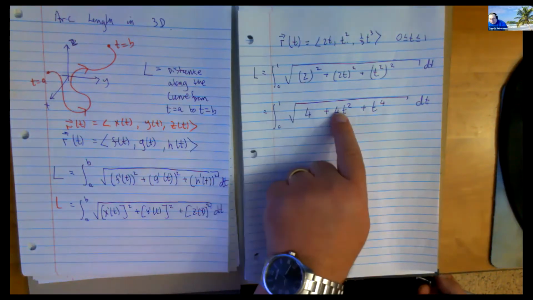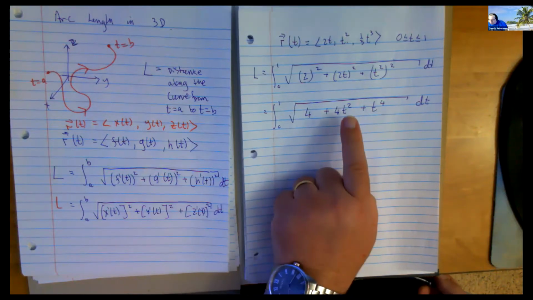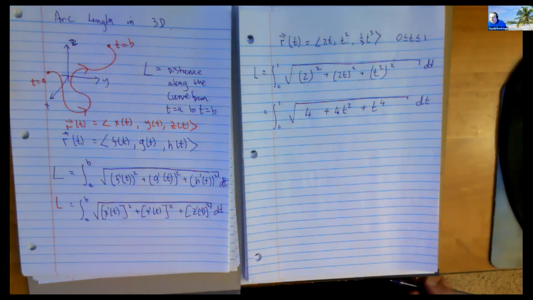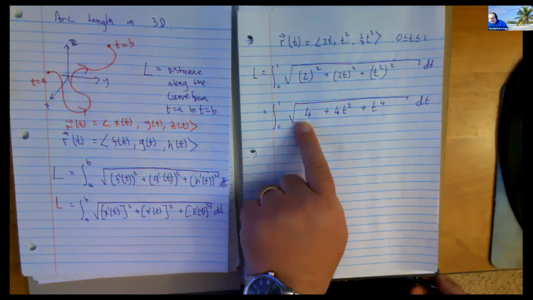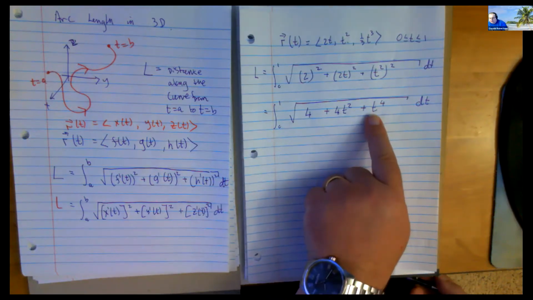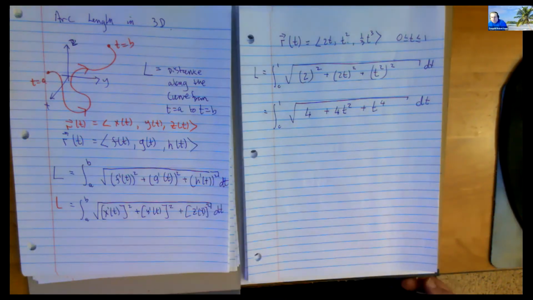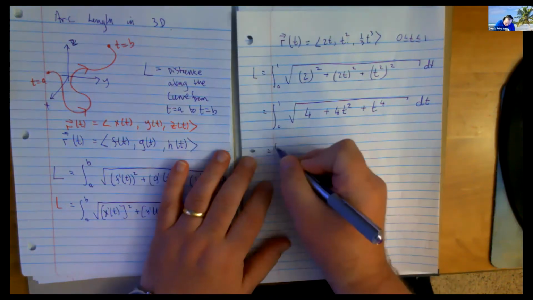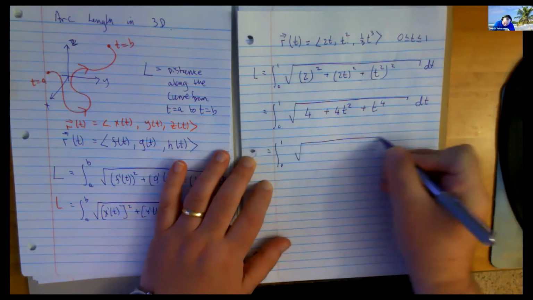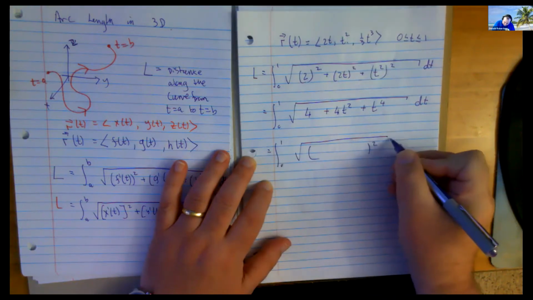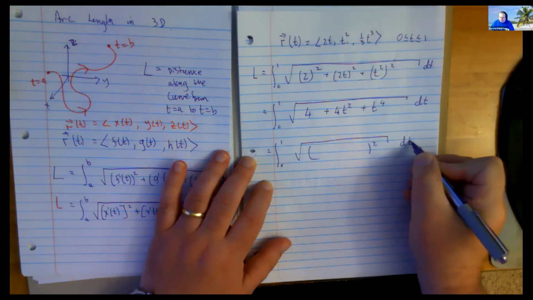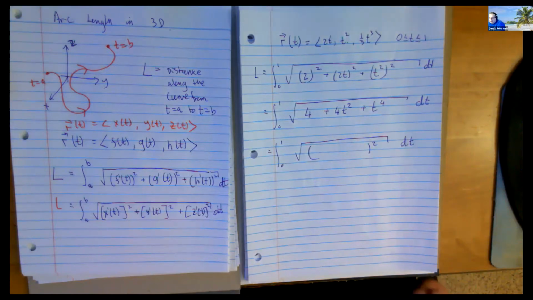If you ever see 3 terms inside a square root and it's an arc length question, it's going to have to be a perfect square or you won't be able to do any more. That's just the bottom line. So if you are doing an arc length question and inside the square root there are 3 distinct terms, it is going to be a perfect square. So now the problem is, who is the perfect square?